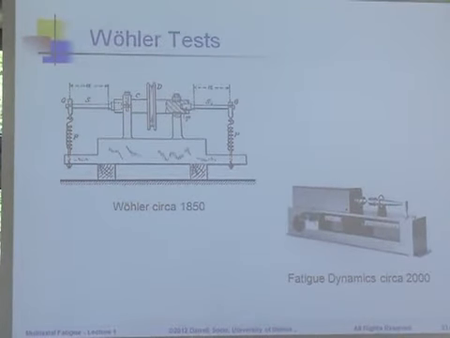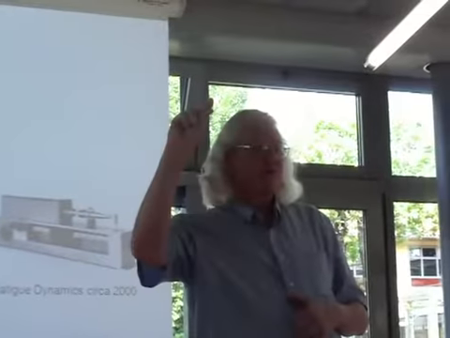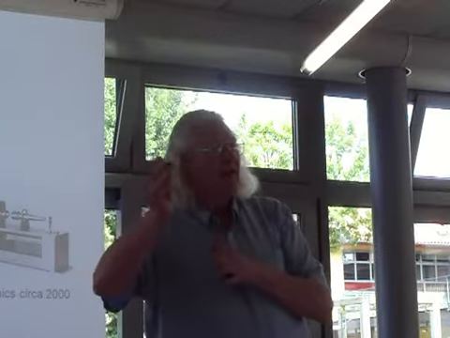And so if you read Wohler's papers, his papers may be 20 pages long. The first 18 pages are a very elaborate description of the test machine, how it worked, and all of these details of the test. And then on the back, there's a table of the data. And that's all.